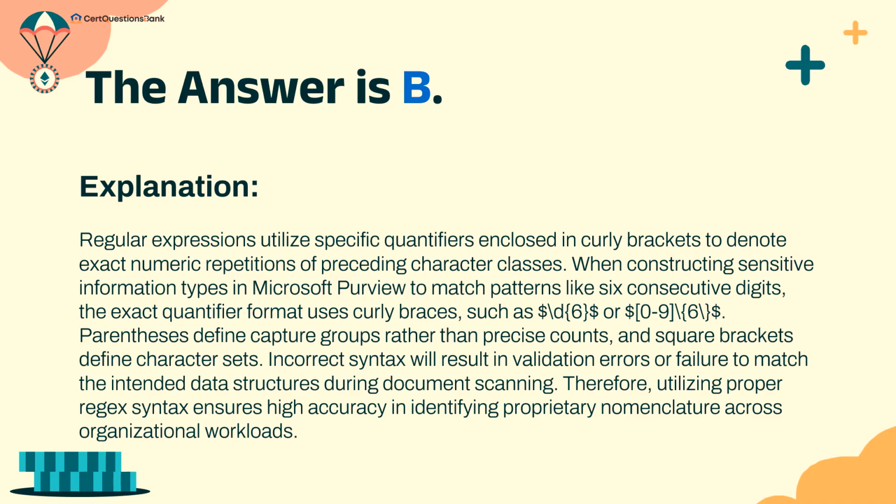Parentheses define capture groups rather than precise counts, and square brackets define character sets. Incorrect syntax will result in validation errors or failure to match the intended data structures during document scanning. Therefore, utilizing proper regex syntax ensures high accuracy in identifying proprietary nomenclature across organizational workloads.